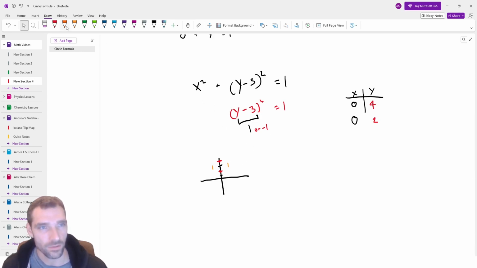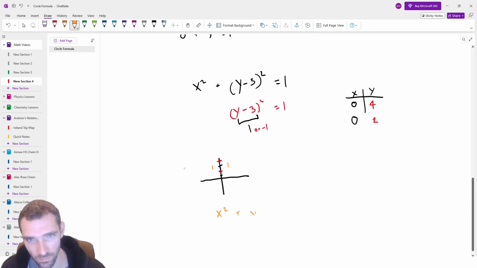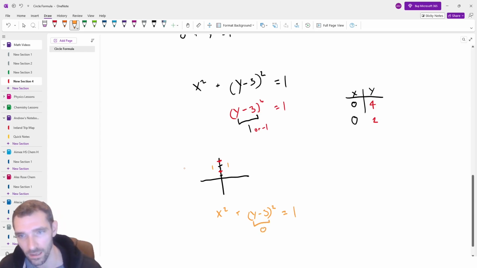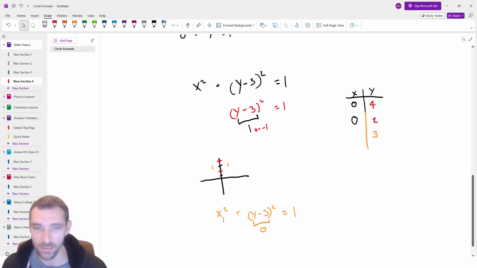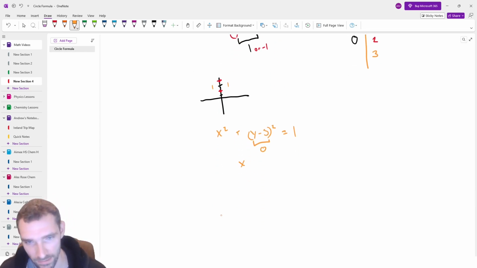So in the same sort of idea, let's make it so that x squared plus y minus 3 squared is equal to 1. Let's try and make it so that this thing's value is 0. To do that, what I'm seeing is that we would need to have y being equal to 3. So when y is equal to 3, that gets rid of that part, and we're left with just x squared being equal to 1.